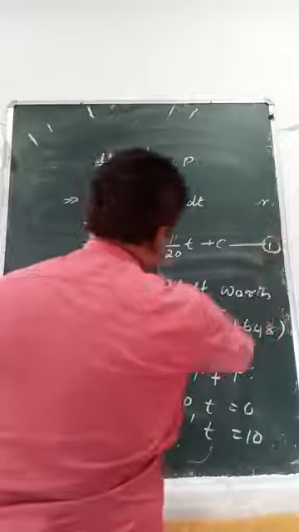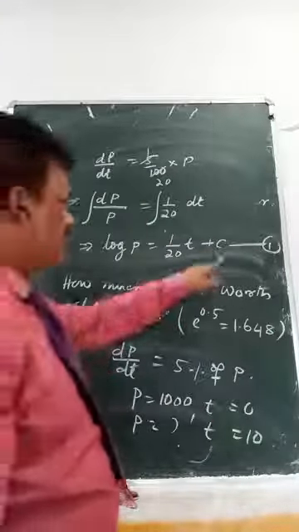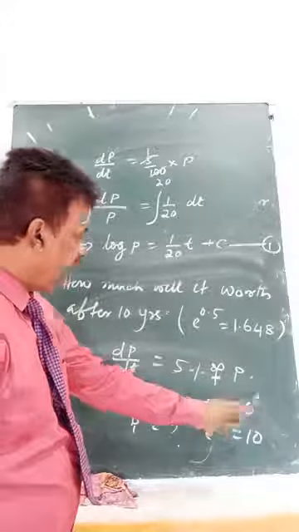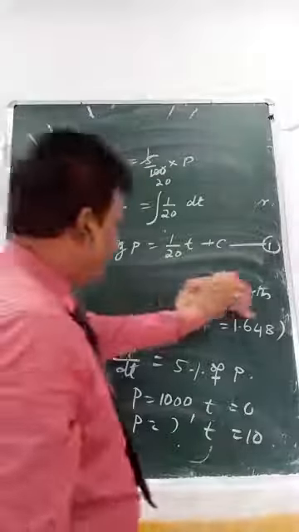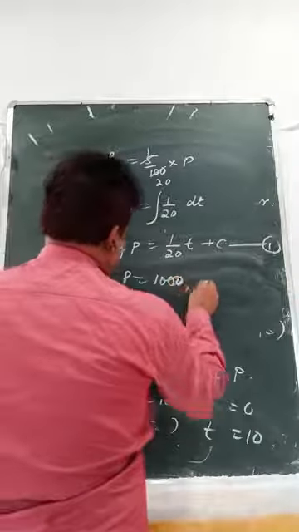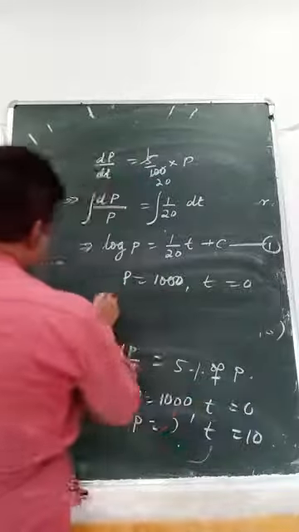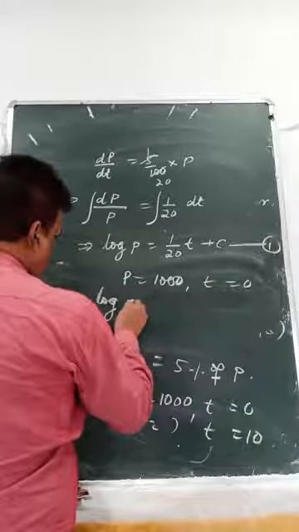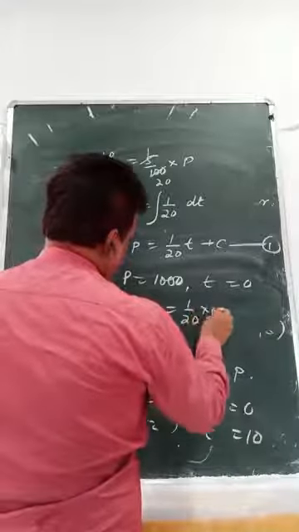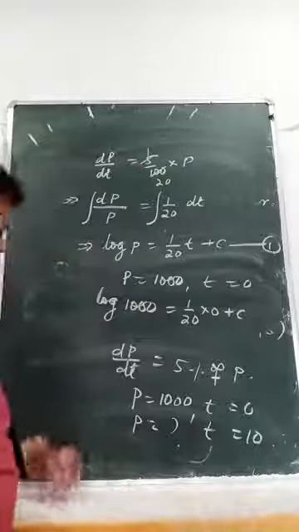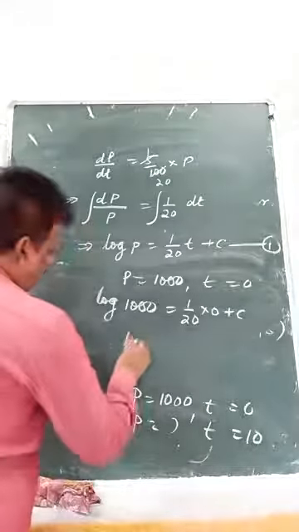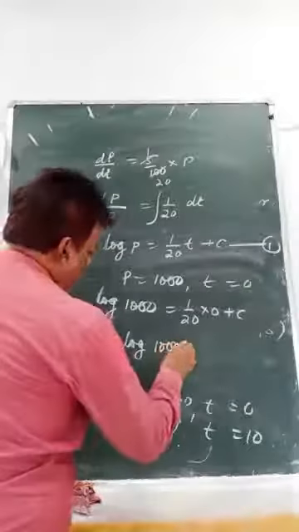This becomes your equation now. Now to find the value of c. Principal is 1000 at time 0. So log 1000 equals 1 by 20 into 0 plus c. So log 1000 equals c.